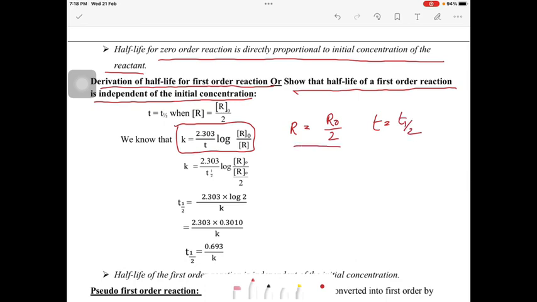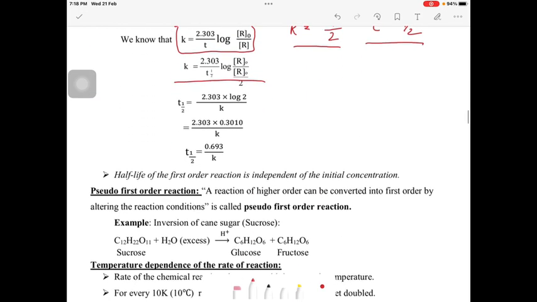When you substitute these two in this expression, we'll get t half is equal to 2.303 into log 2 by k. Here log 2 value is 0.3010. When you multiply these two values, we'll get 0.693. That's why the half-life of a first order reaction is equal to 0.693 by k.